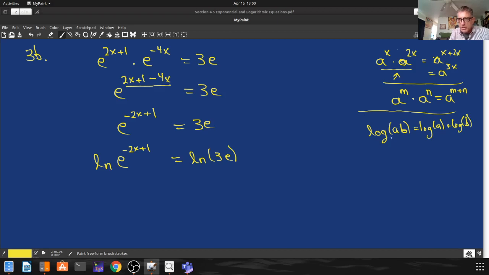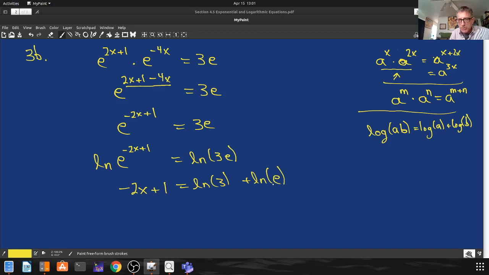And that's true for the log of any base. We'll use that here. So the log of e to the minus 2x plus 1 just gives me minus 2x plus 1. And this is the same as the natural log of 3 plus the natural log of e.